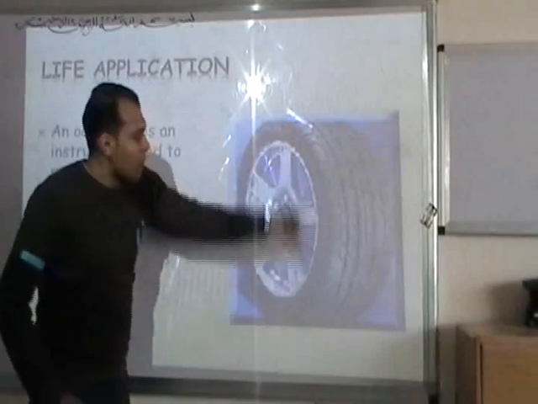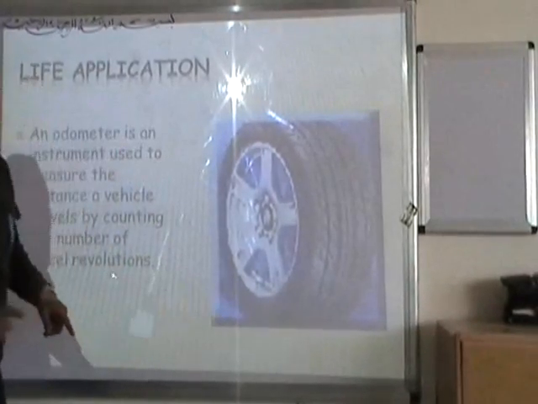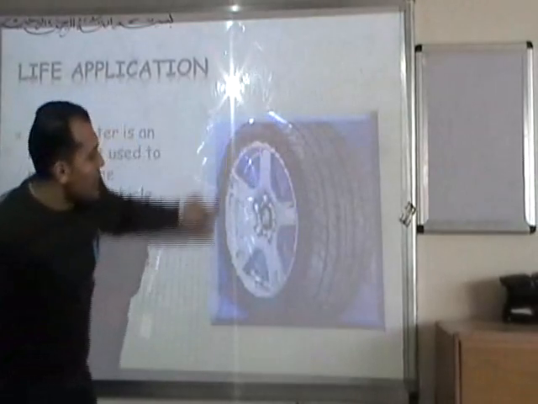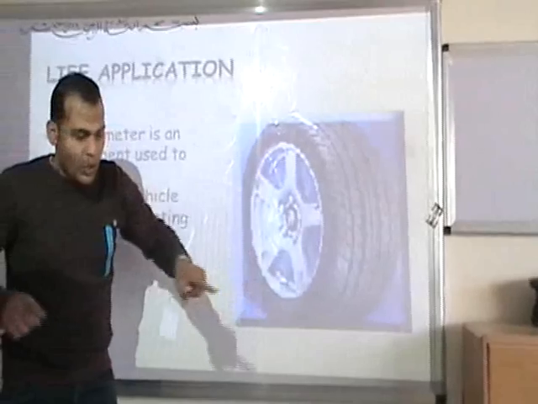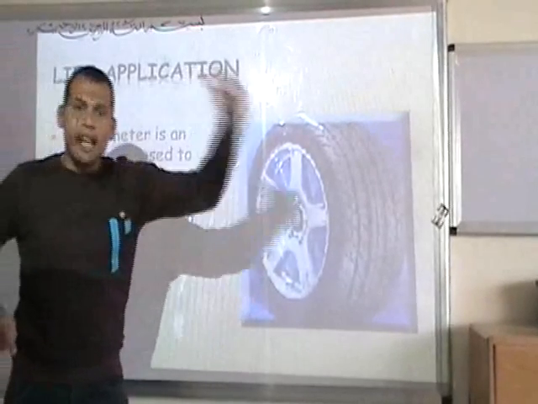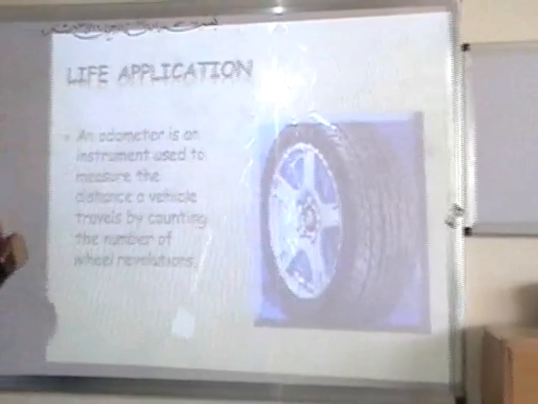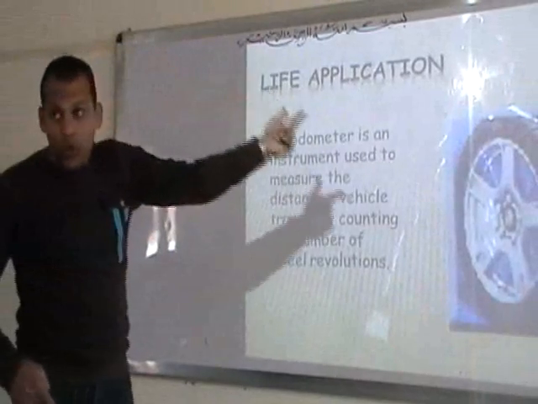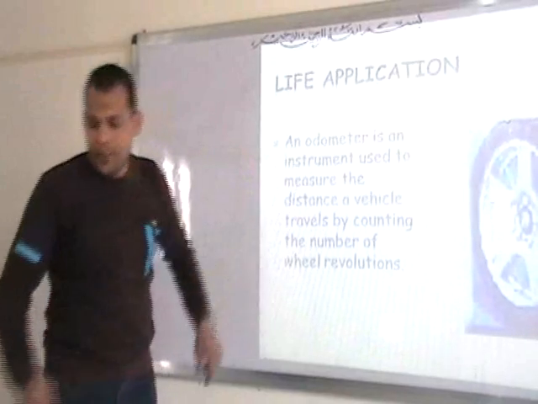When this vehicle moves, it moves with a length like the circumference of this circle. So if you count how many circumferences it has covered, you will know the distance that the car moves. So you can know the distance of the car by knowing the number of turns.